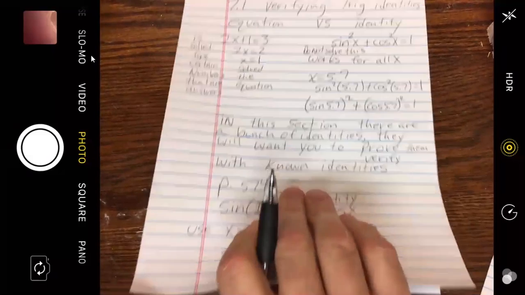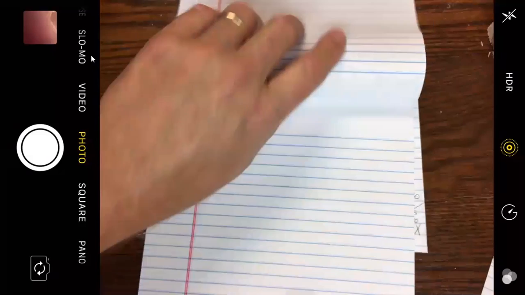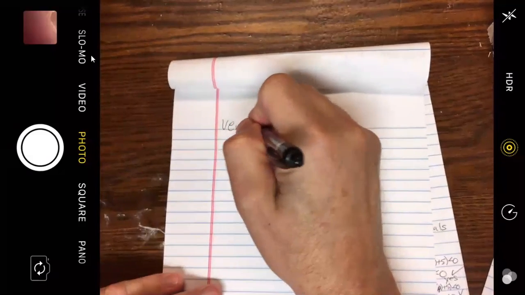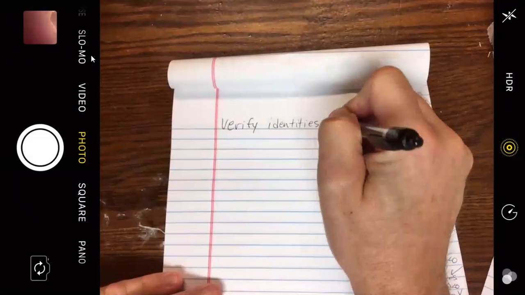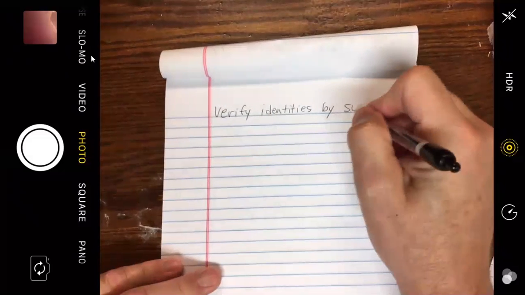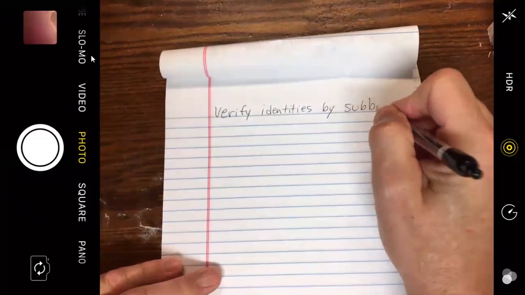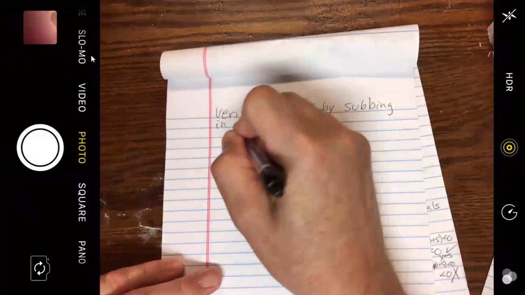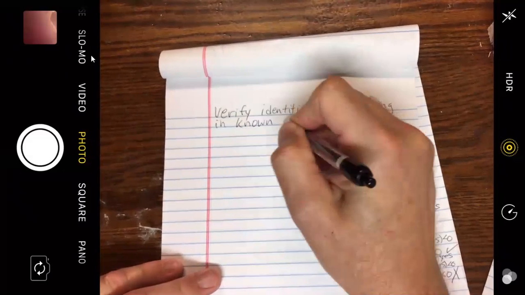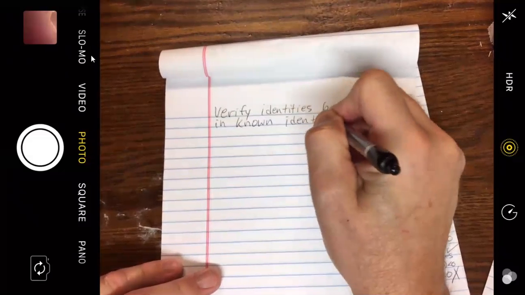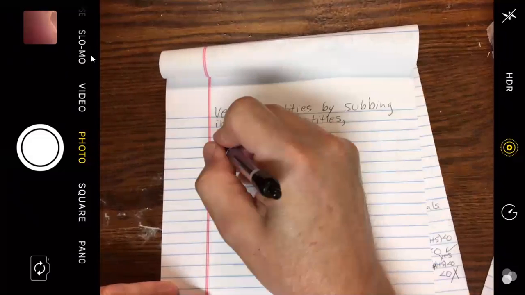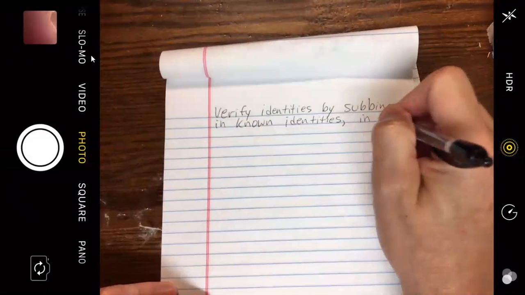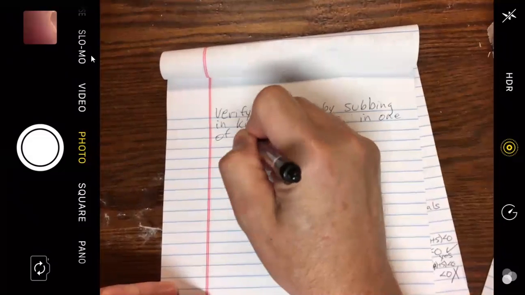So you verify identities by subbing in known identities. You can do it in one of three ways.